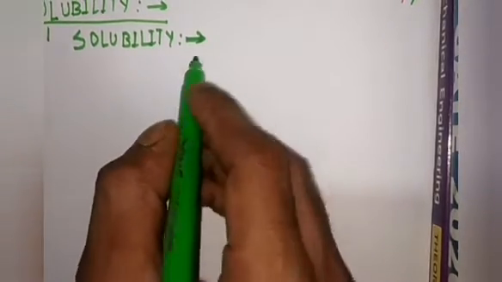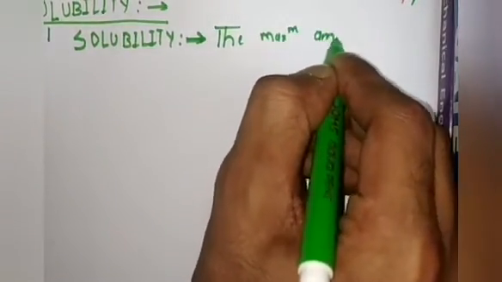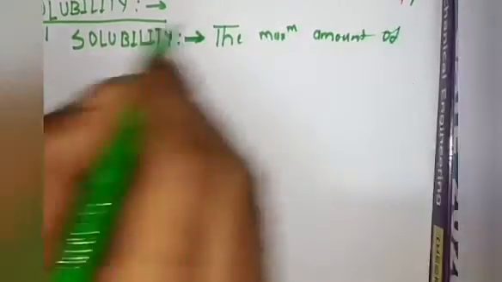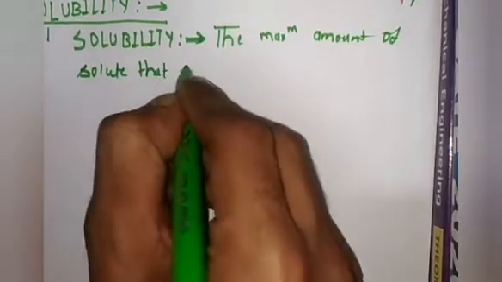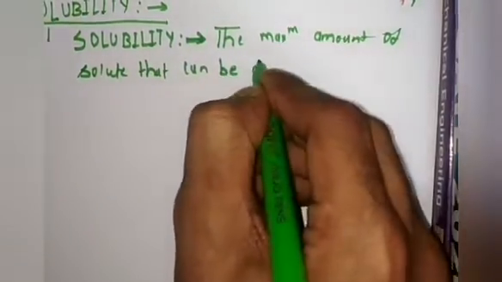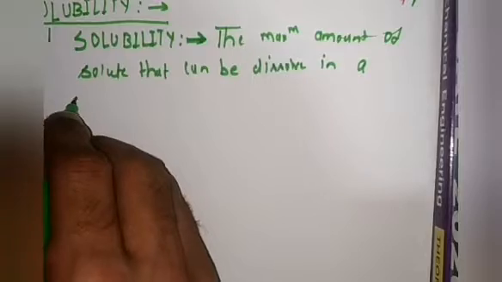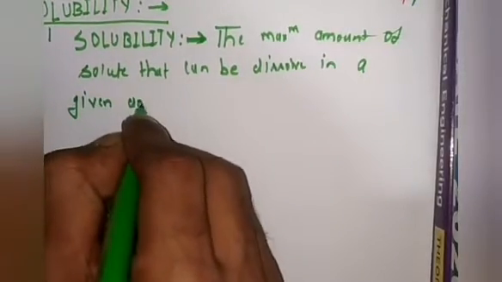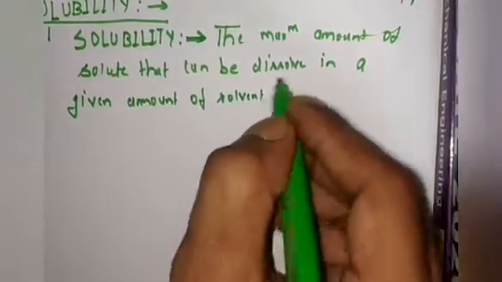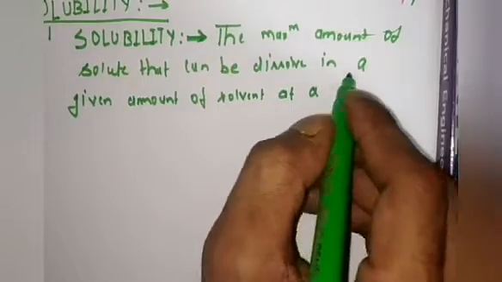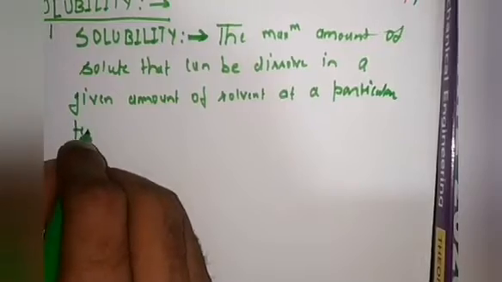What is the meaning of solubility? It is the maximum amount of solute that can be dissolved in a given amount of solvent at a particular temperature.